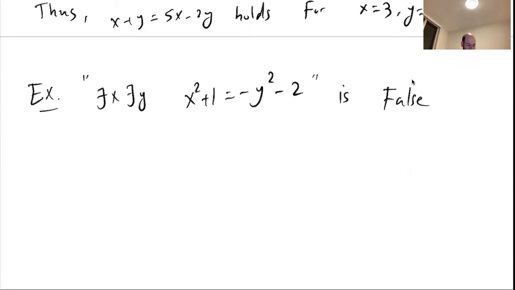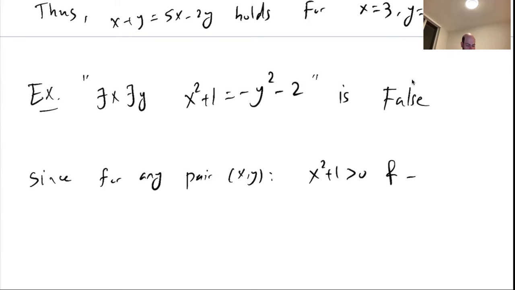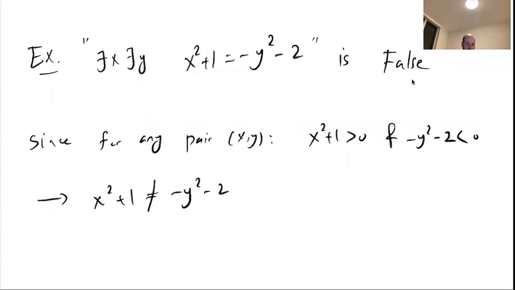So it's false, since for any pair x and y, x squared plus 1 is positive and minus y squared minus 2 is negative. And that means x squared plus 1 is not equal to minus y squared minus 2.